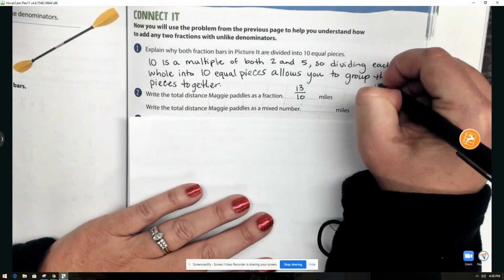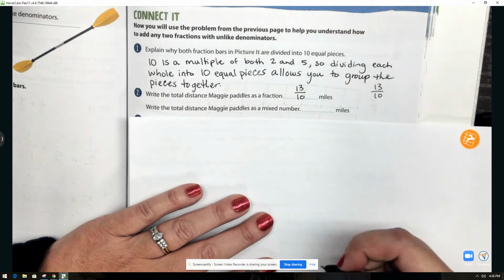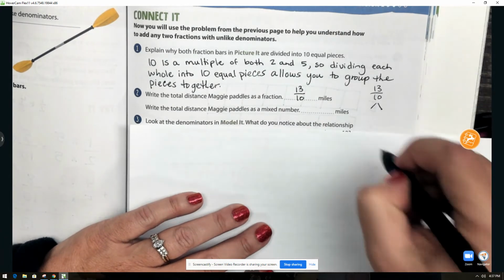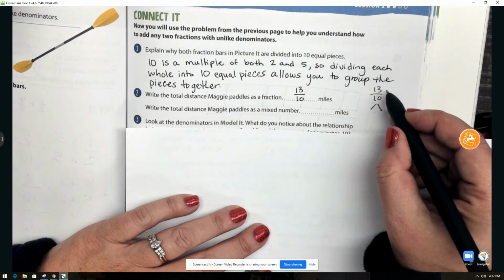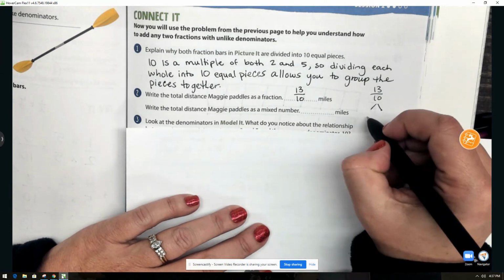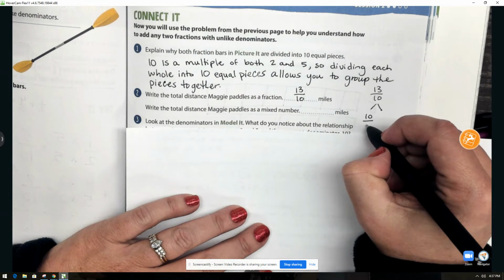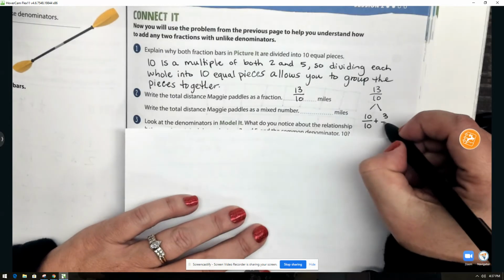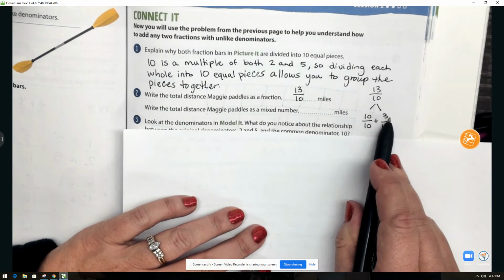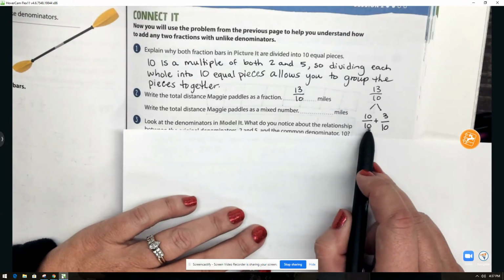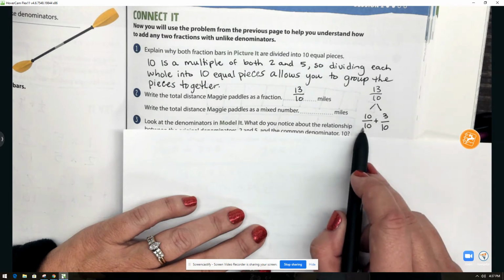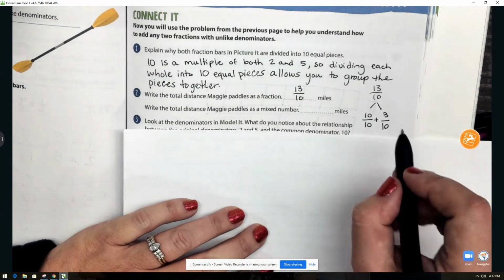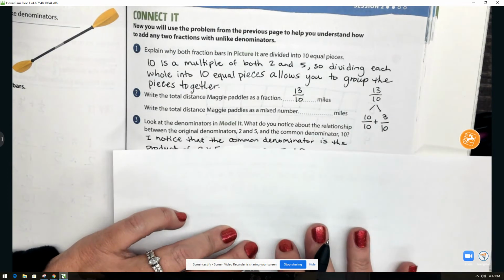If we have 13 tenths, we know that it takes 10 tenths to make one whole. So that is the same as 10 tenths plus 3 tenths, because 10 plus 3 is 13. And then we have common denominators, so we could add the 10 tenths and the 3 tenths together. Now, what whole number makes 10 tenths?